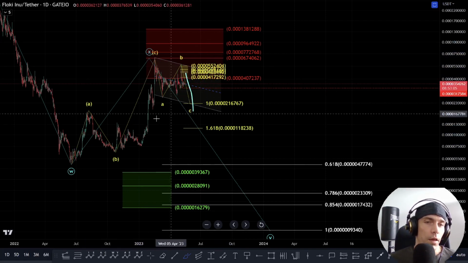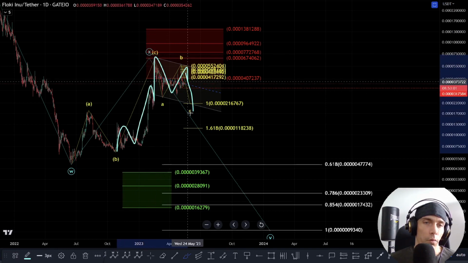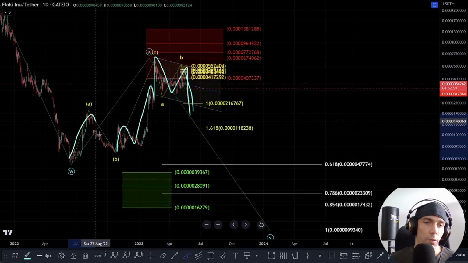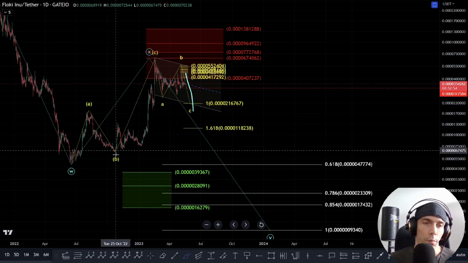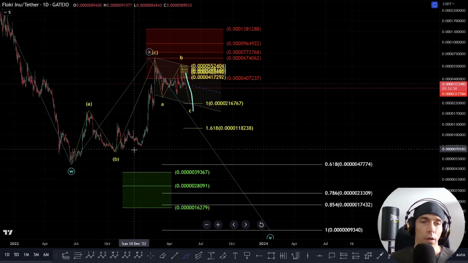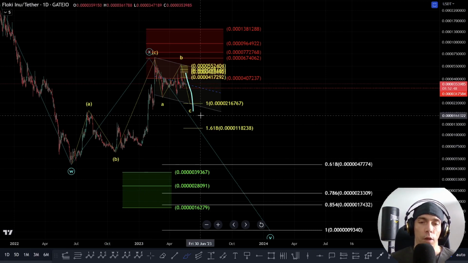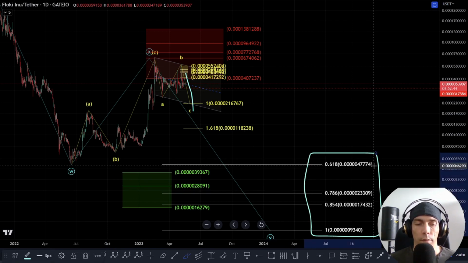And really, we could possibly argue there's 1, 2, 3, 4, 5 here, and then we'd be forming another wave 2. Would this be 1, 2, 1, 2? But really, it would have to hold above this low here of this 64973.